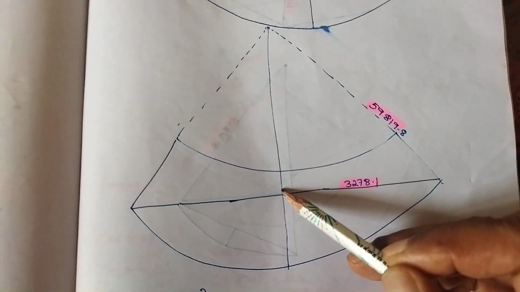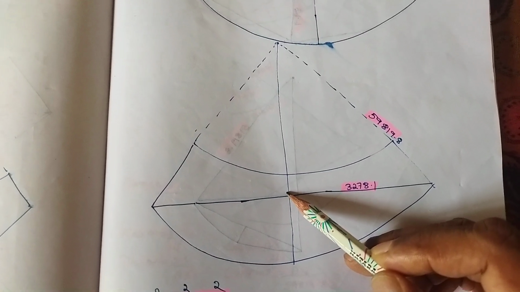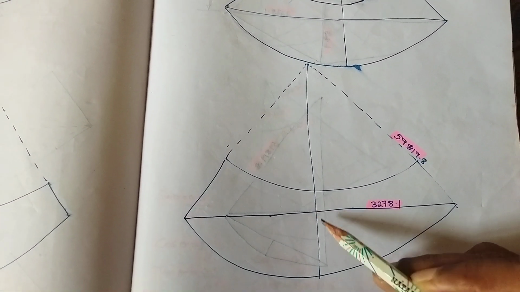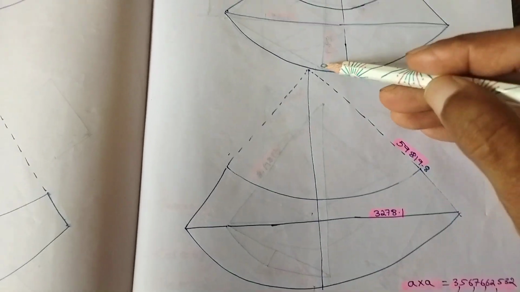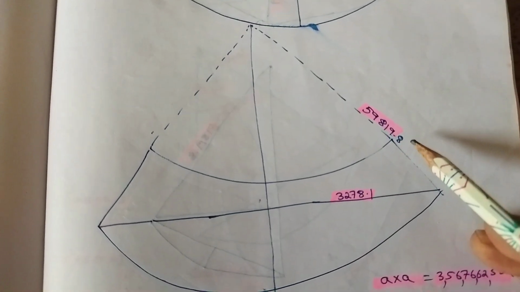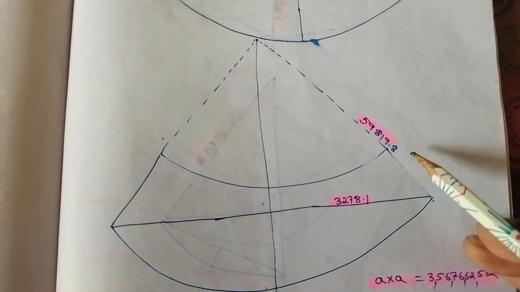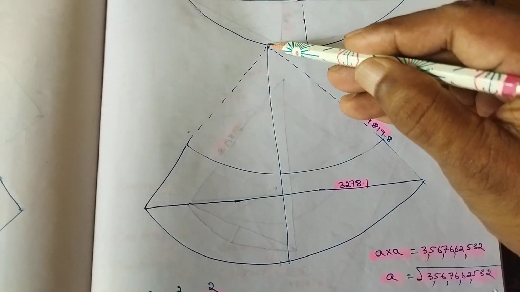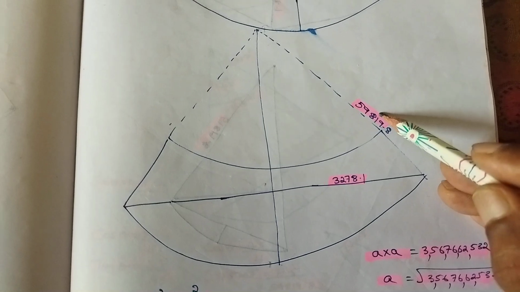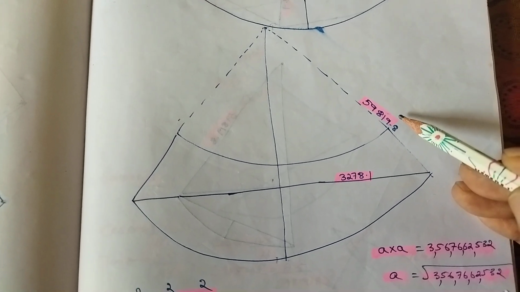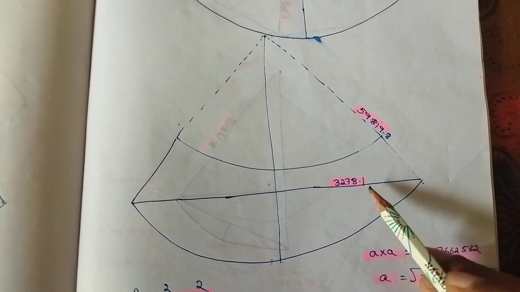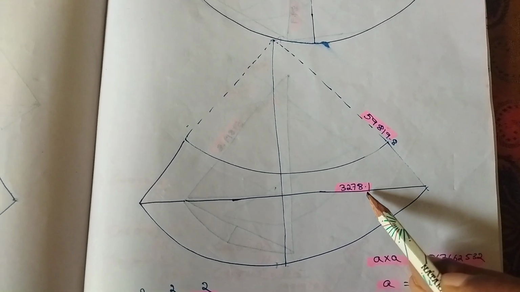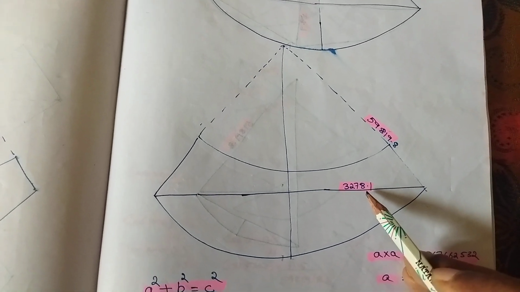If you find out this measurement, we will get this measurement also. How? This is 59,089.8. That is the radius of this curved portion. If it is so, this measurement from here to here also will be the same, 59,089.8. Here already we have 59,089.8 and this 3,278.1. What is this 3,278.1?